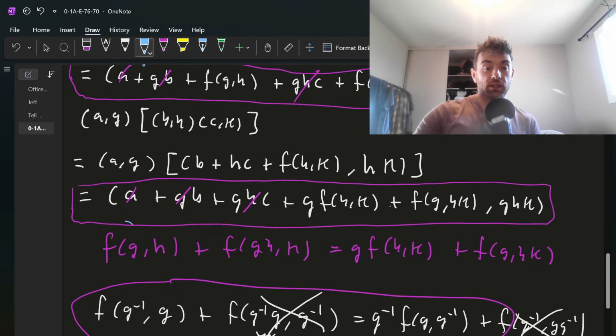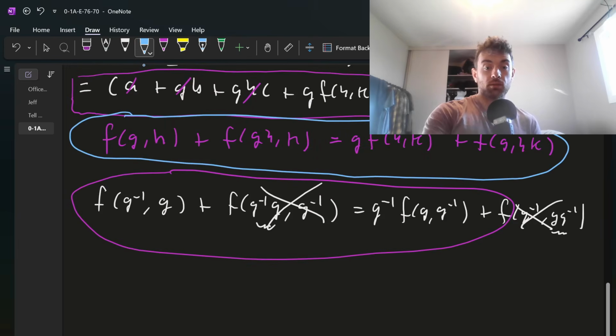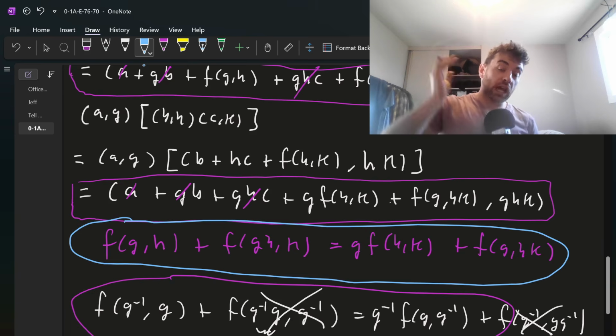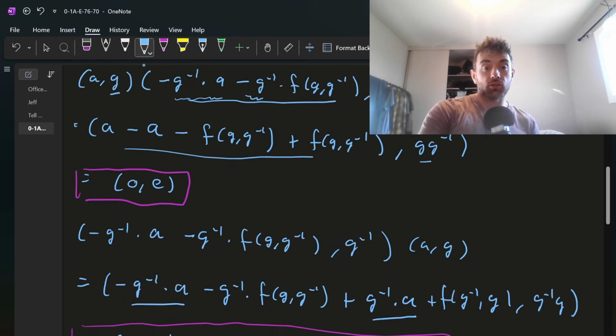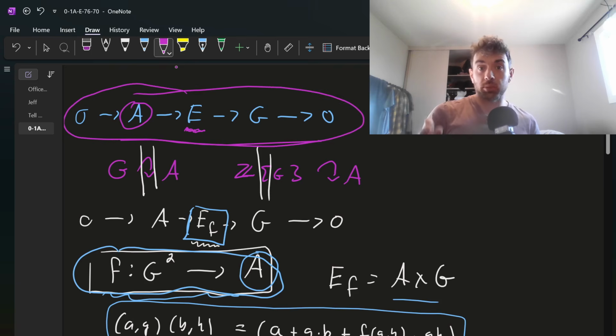If we have any function that takes in pairs of elements of G to A that satisfies this condition, we know we can define a group, and we know that every single possible way of extending G by the group A will be of this form. So this is fantastic, right?